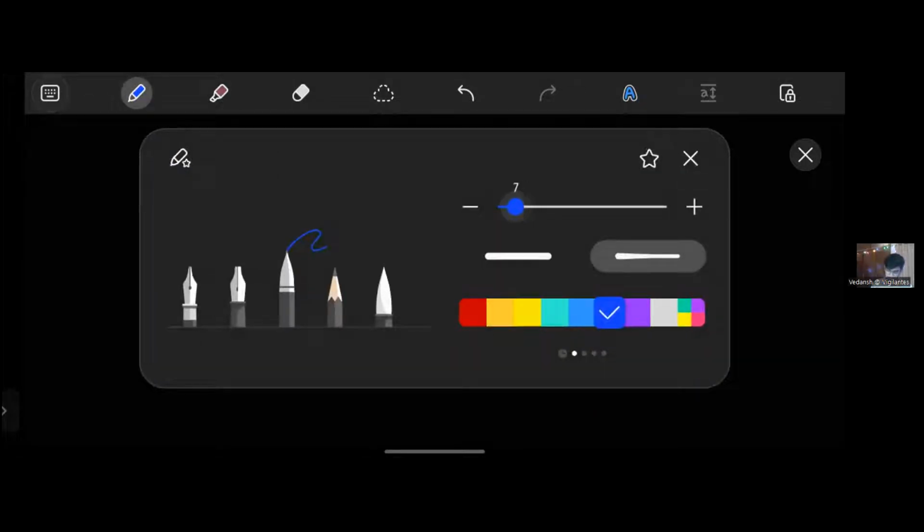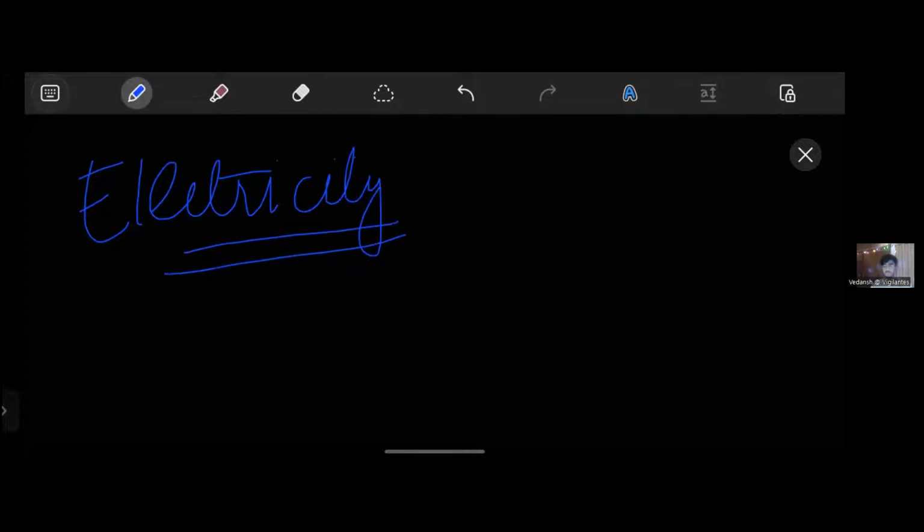So let us talk about electricity. So we all know that there are charges. Charges can be either positive or negative, right?